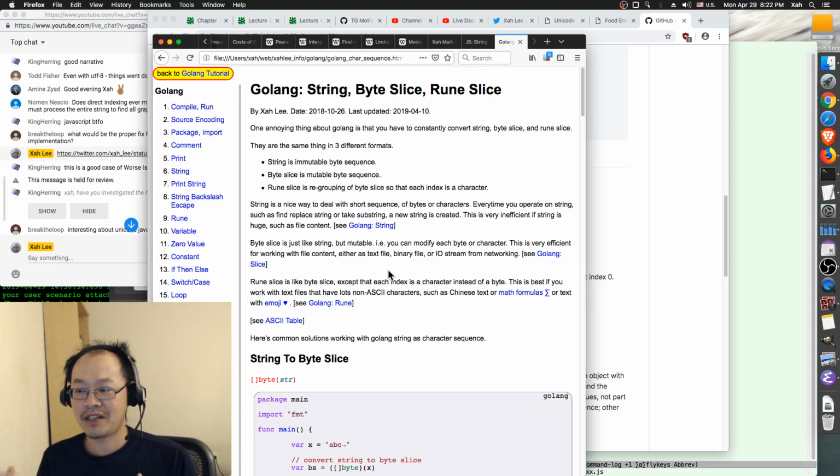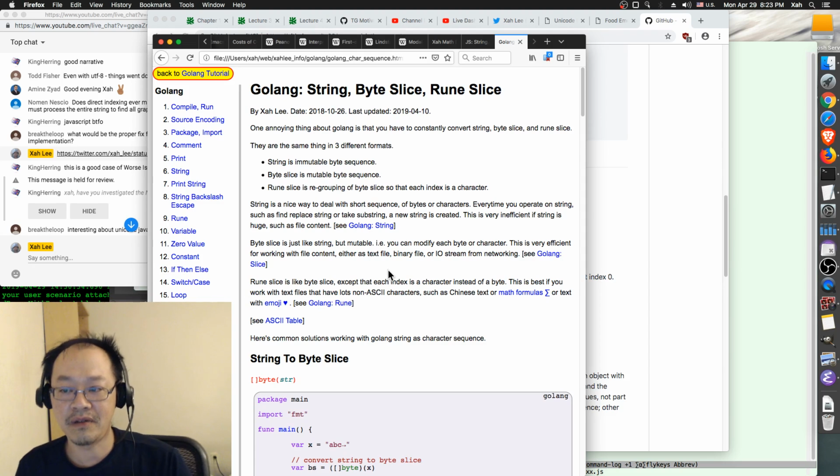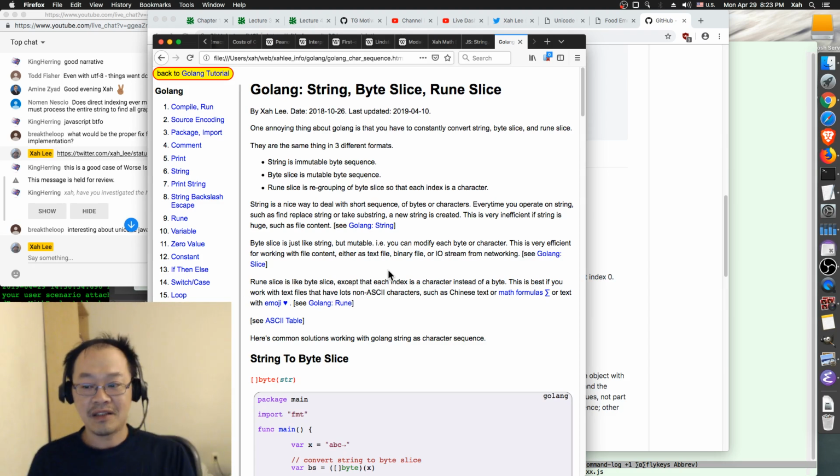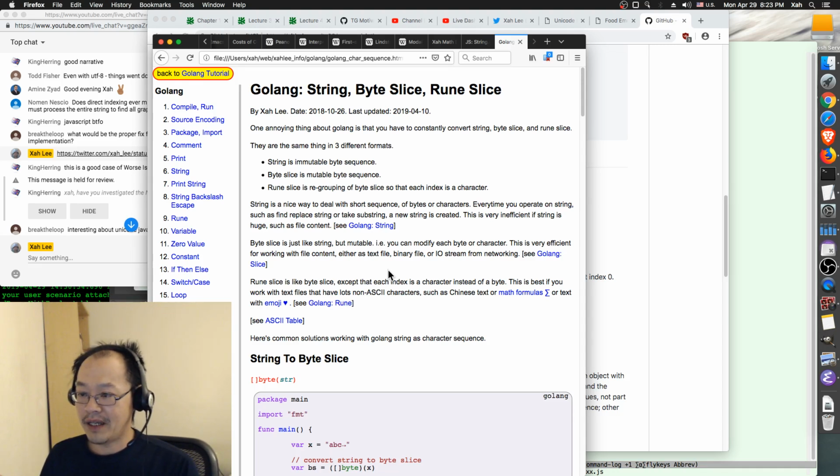So Golang solves the problem. Golang deals with the string problem and Unicode in a different way, different from JavaScript and different from Python 3.